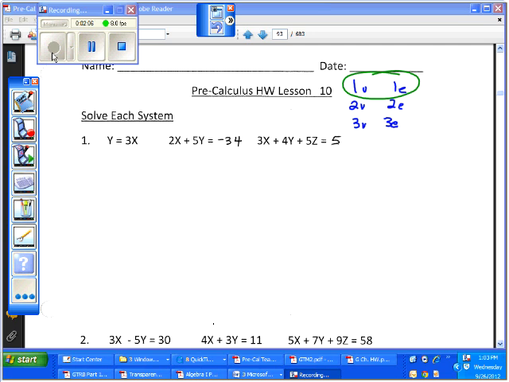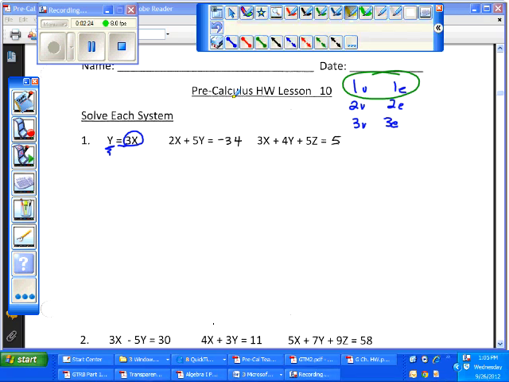Now, number one, we already have an isolated variable, so this one's a little bit easier. It says y is equal to 3x. If you notice, though, we've got three variables, but the first two statements have the same variable.